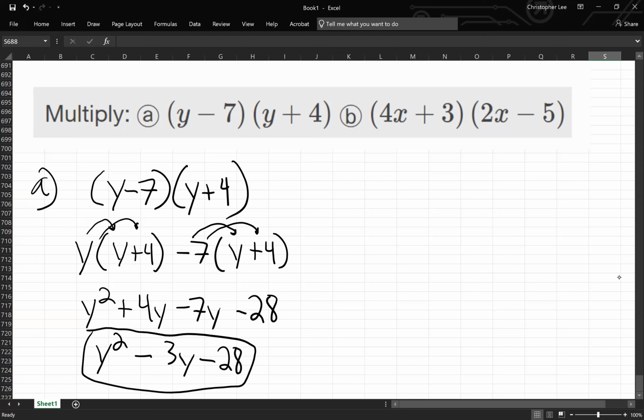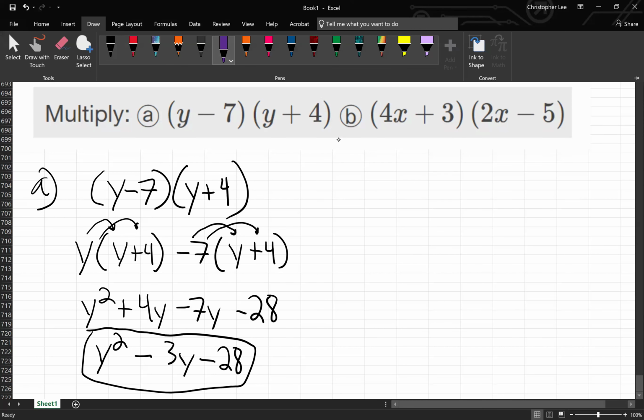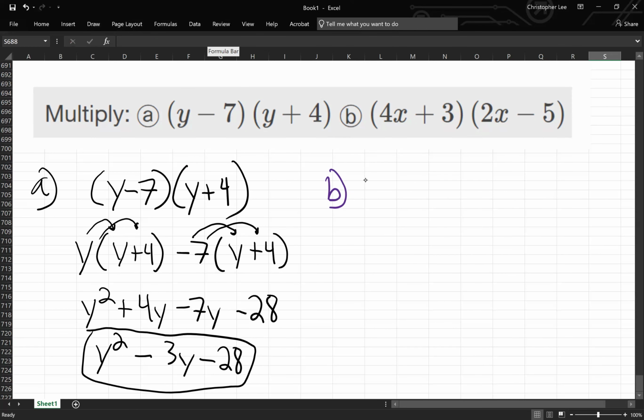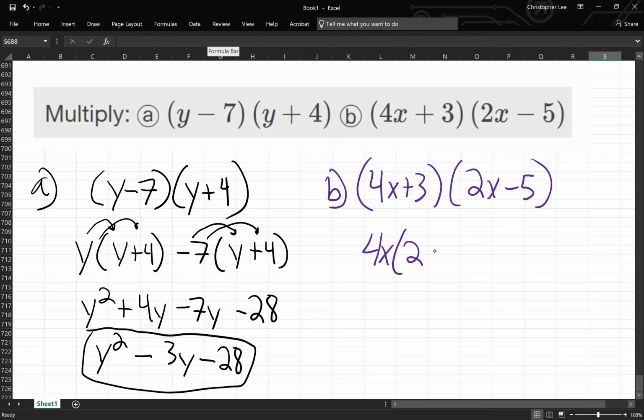That's the distributive property, right? Let's try it again. A little bit harder, but not impossible, right? I have 4x plus 3, parentheses, times 2x minus 5, right? We're going to break up the first binomial. This is going to become what? 4x times the whole second term, 2x minus 5. And then we're going to write the plus 3 times the same thing, the 2x minus 5.